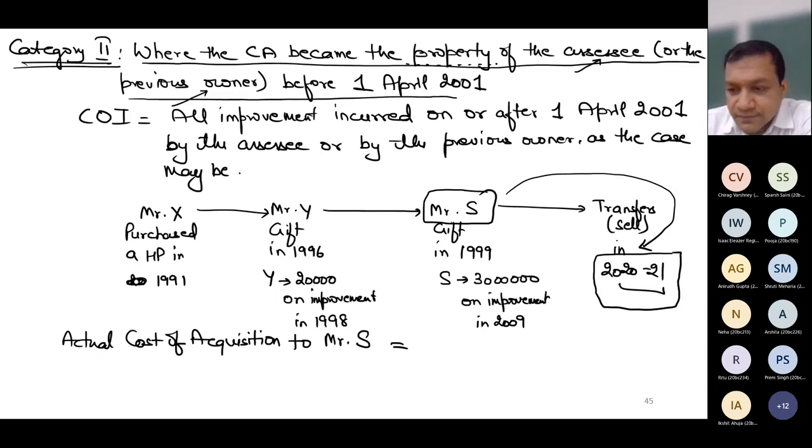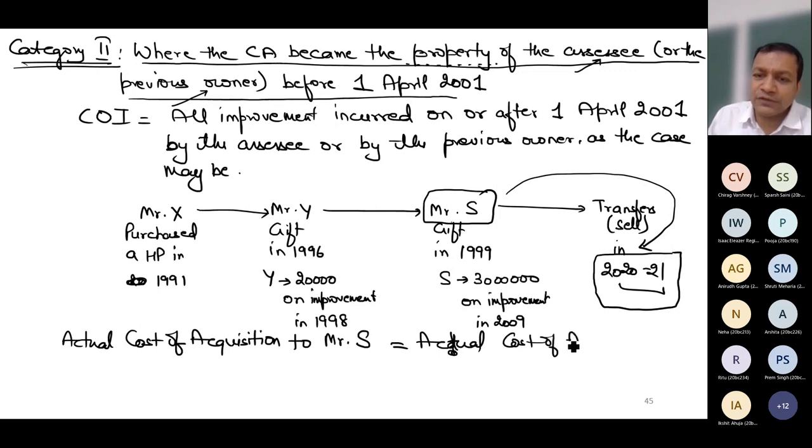Purchased cost of Mr. X. Yes. Actual cost of acquisition to Mr. S will be deemed to be the actual cost of acquisition to the previous owner. And who is the previous owner in this case? Who actually purchased it?